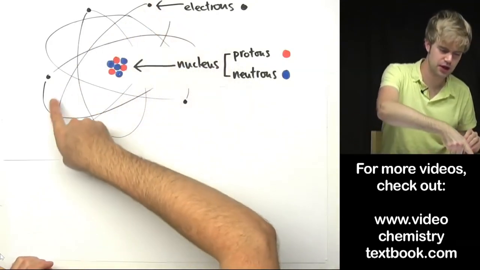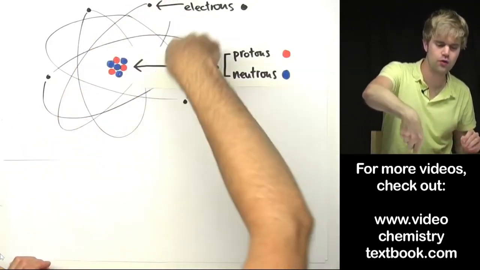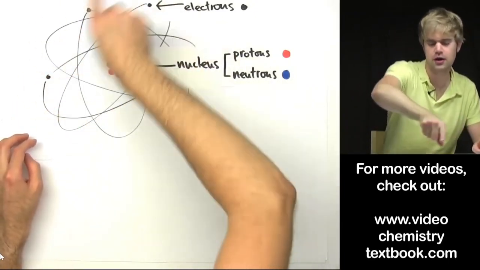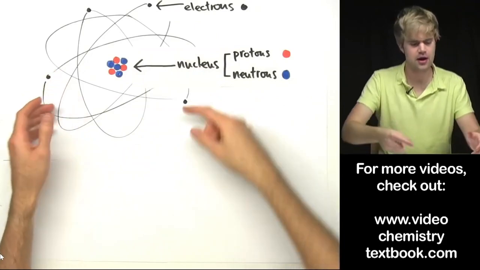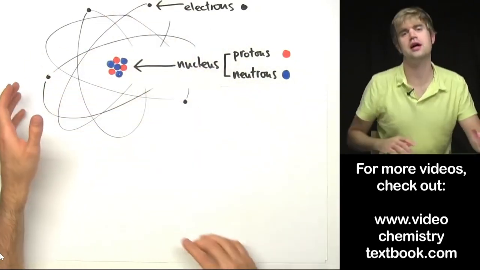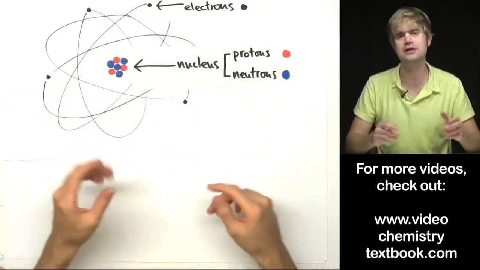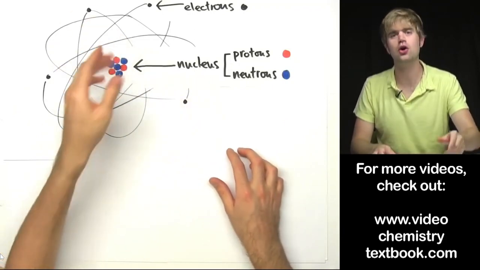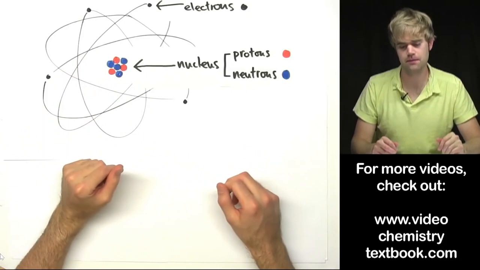The electrons are connected to these oval paths, which I've drawn in to show that the electrons are constantly moving. They're flying around the outside of the atom at an incredibly high speed, whereas the nucleus stays solid right in the middle of the atom.